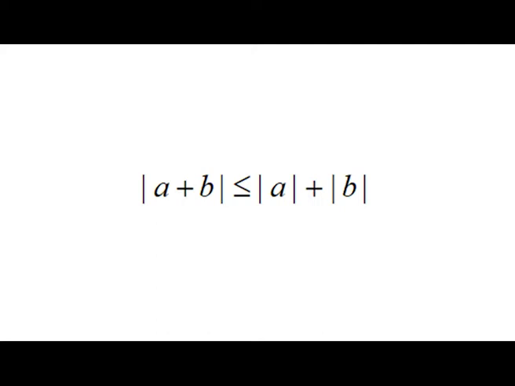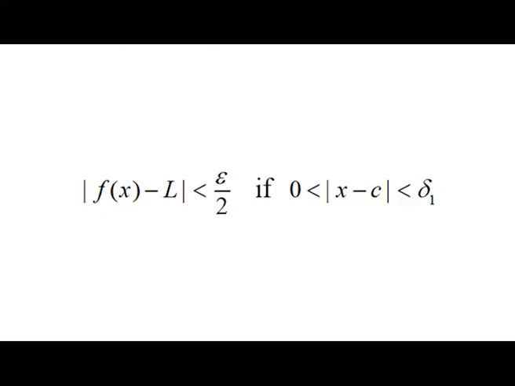Using the triangle inequality, |a + b| ≤ |a| + |b|. Since the limit of f(x) as x approaches c is L, corresponding to the given epsilon greater than 0, there exists a number delta 1 greater than 0 such that |f(x) − L| < epsilon/2 if 0 < |x − c| < delta 1.